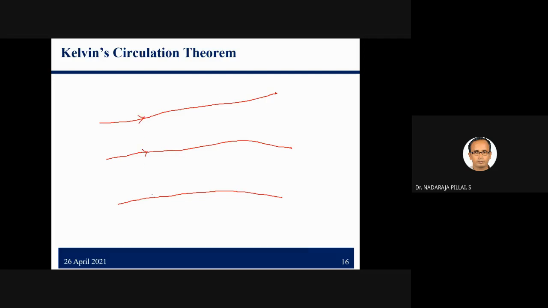Now there is a curve C. I would like to have a curve C, say the fluid elements along the curve C. So let me draw in this way.